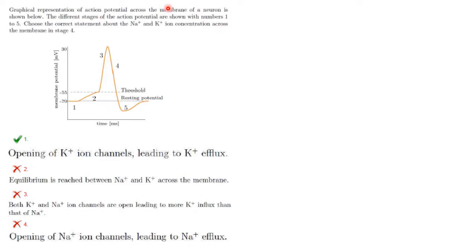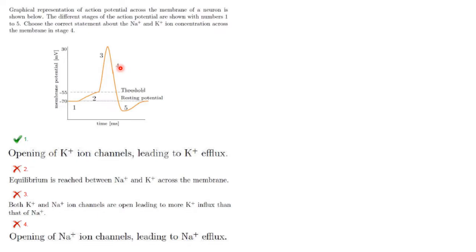Graphical representation of action potential across the membrane of a neuron is shown below. The different stages of the action potential are shown with the numbers 1 to 5. Choose the correct statement about the Na plus K positive ion concentration across the membrane in stage 4. So this stage 4 represents membrane repolarization.